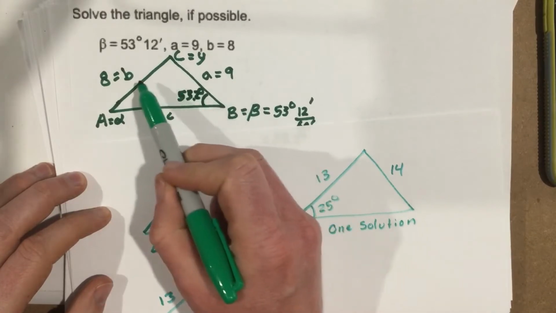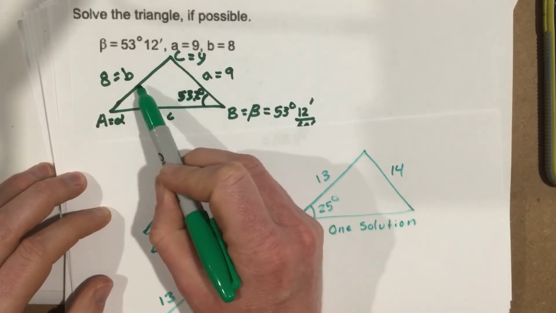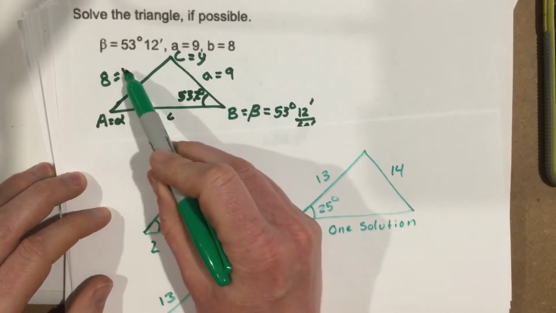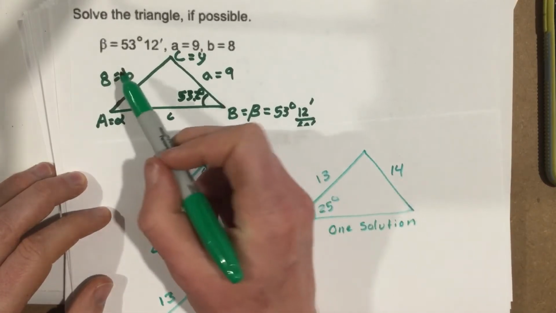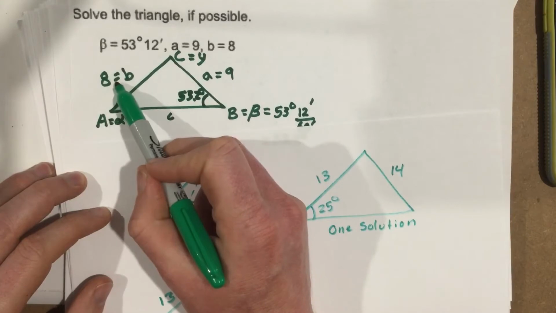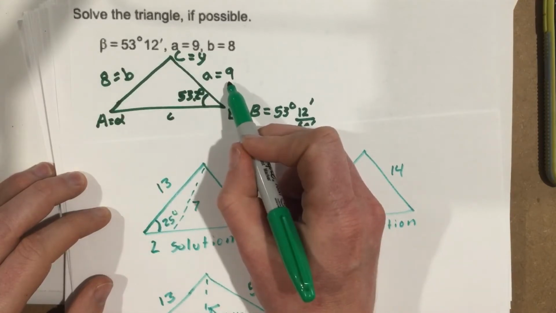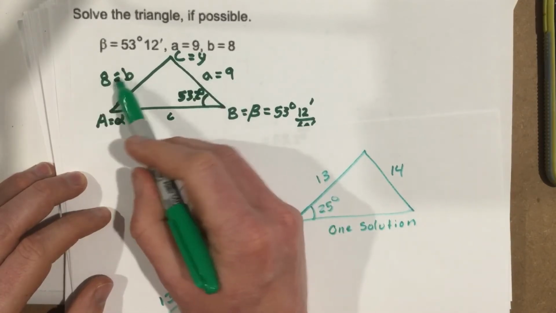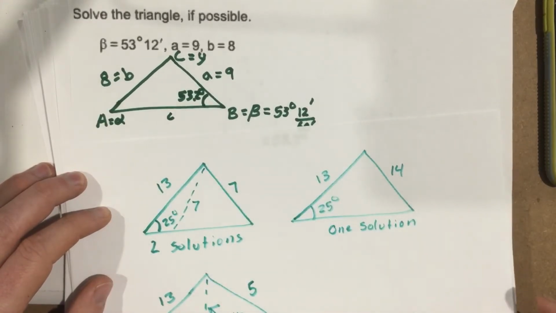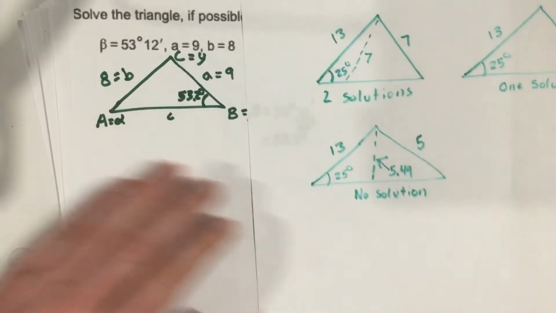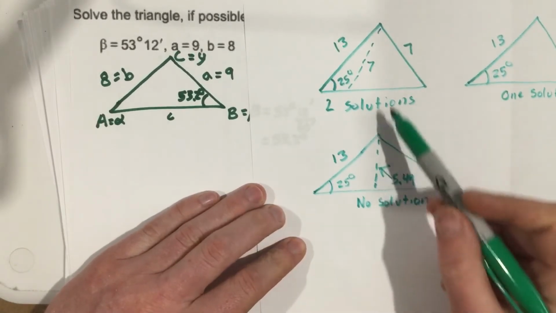And we also want to look at the opposite side length, which is what we're going to judge 1, 2, or 0 solutions from. So if this opposite side length is smaller than 9, and it's 8, which is smaller than 9, then we've either got no solution or we've got 2 solutions.